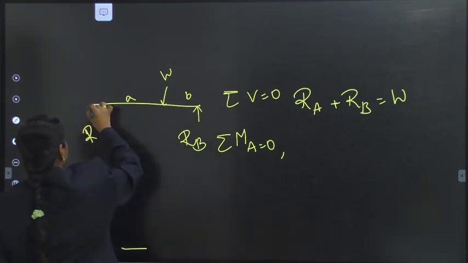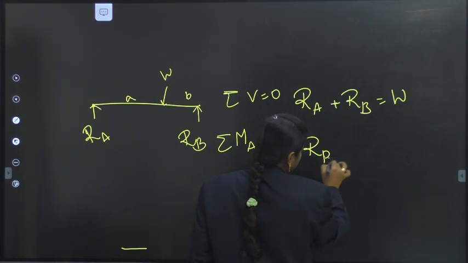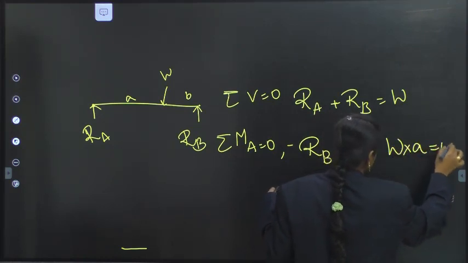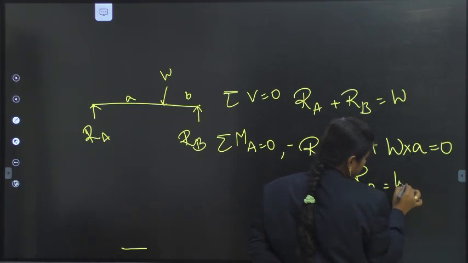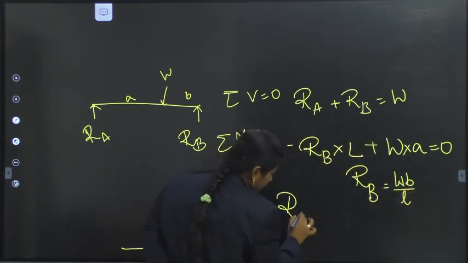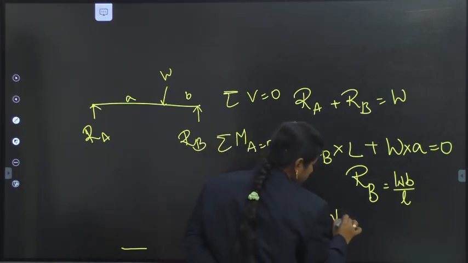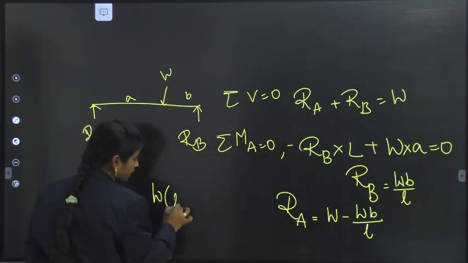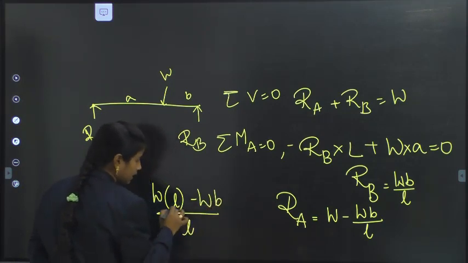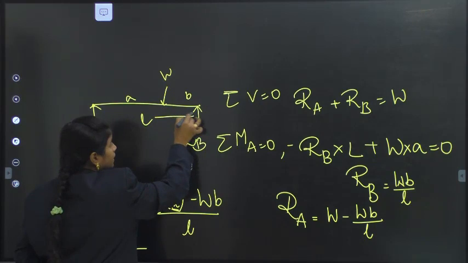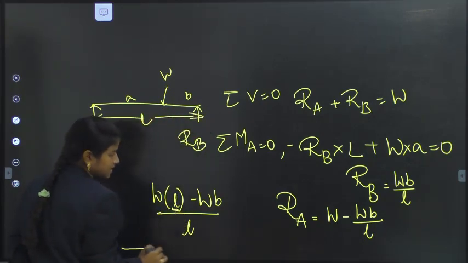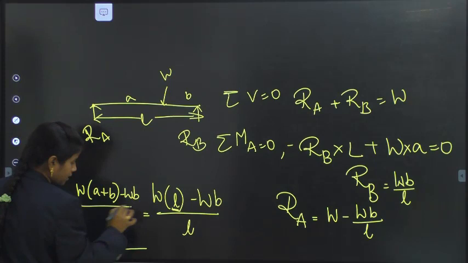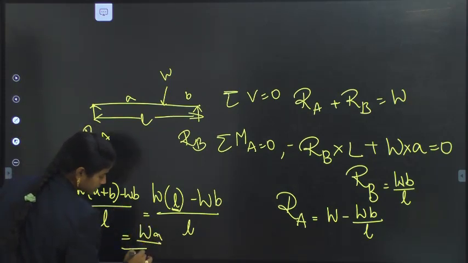About the support A, R_B into L in the anti-clockwise direction plus W into a equals 0. That's why R_B is equal to W b by L, and R_A is the total load W minus W b by L, which is W into L minus W b divided by L. We know L is equal to a plus b, so I replace L with a plus b: W into (a plus b) minus W b divided by L, and we get W a by L as the reaction.